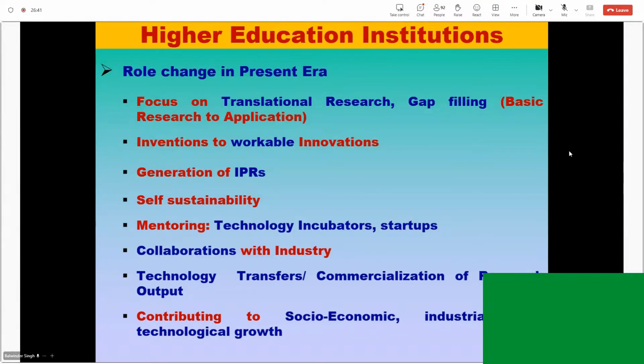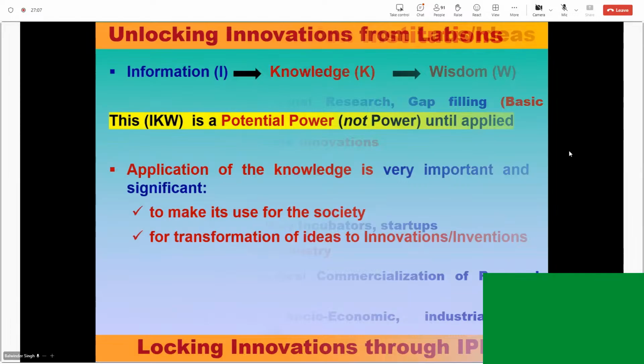Once this is totally transformed, we will contribute to socio-economic, industrial, and technological growth. With this role change, instead of just teaching and disseminating knowledge or information, universities are now thinking of generating something in the form of workable inventions.